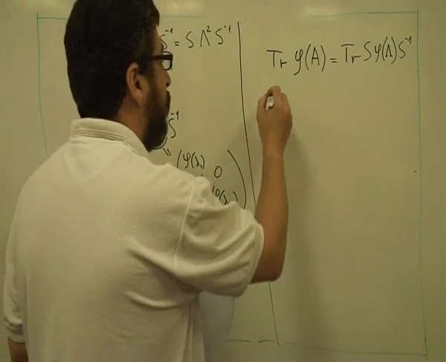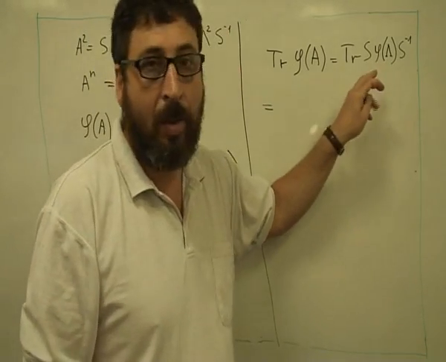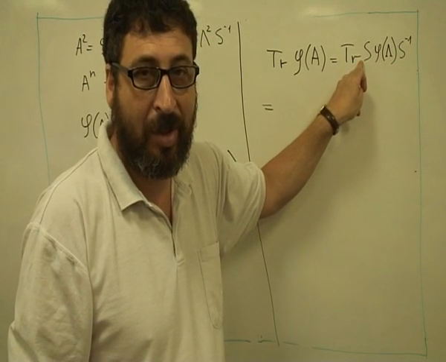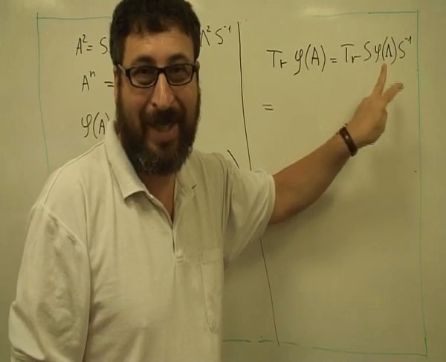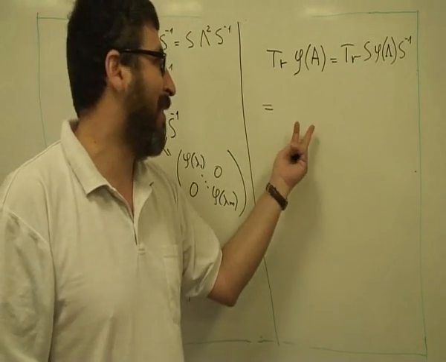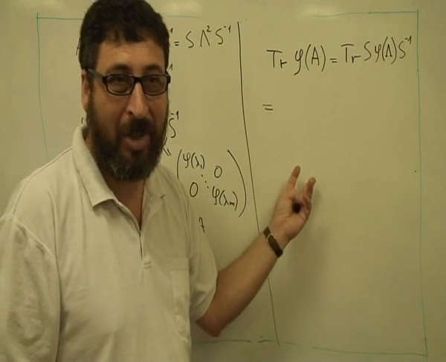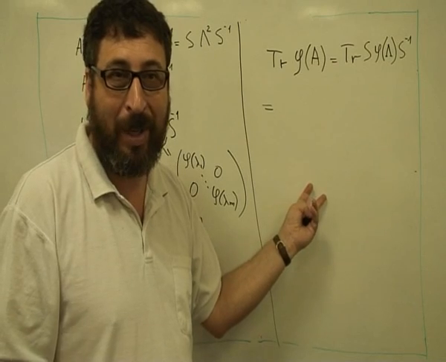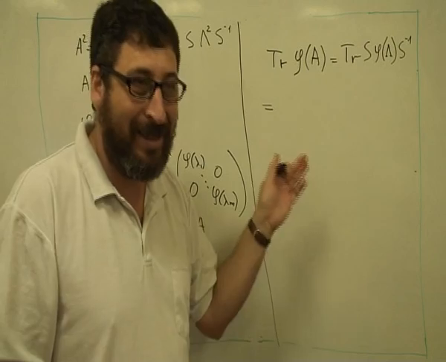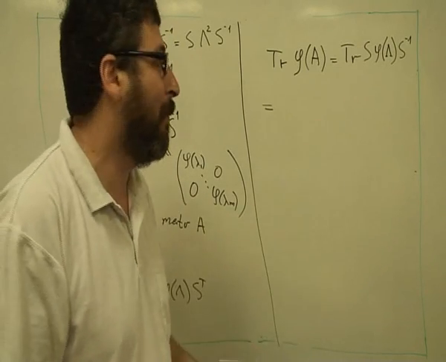And what I can do now, it's known that under trace there is a commutativity of the matrices. Trace AB is equal to trace BA, despite there being no commutativity of usual matrix multiplication. AB is not equal to BA, but trace AB is equal to trace BA, and I suggest you check it yourself.